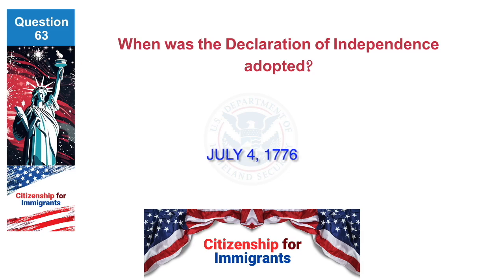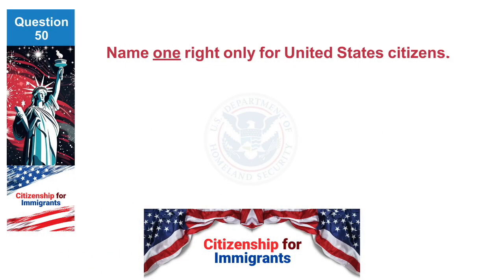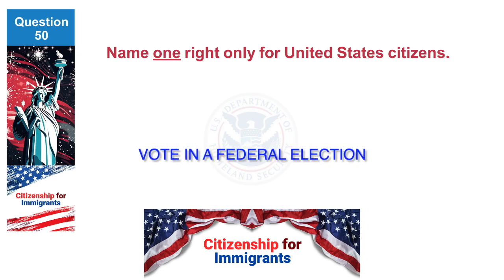July 4, 1776. Name one right only for United States citizens. Vote in a federal election.